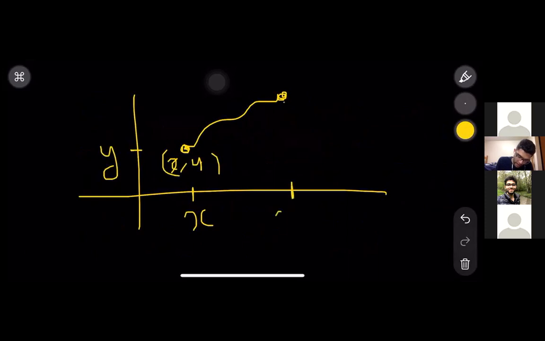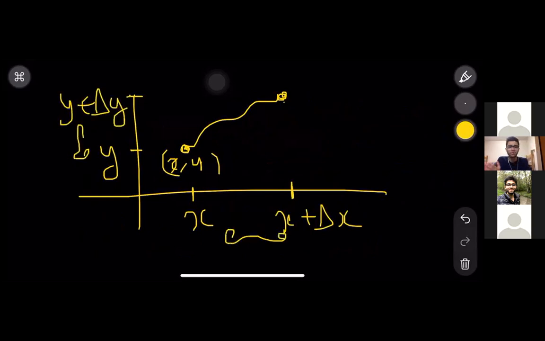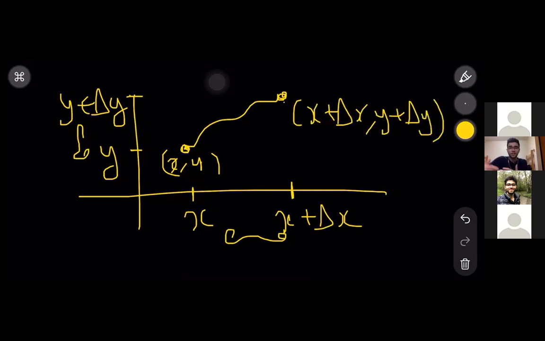So here we have x plus delta x, and here we have y plus delta y, with this distance being delta x and this distance being delta y. We just changed y by something, we changed x by something. So we have this point x plus delta x comma y plus delta y. So f of x plus delta x would be y plus delta y. f of x would be y. That's how the graph is plotted, right? You plot the y coordinate based on the function value at the respective x coordinate.